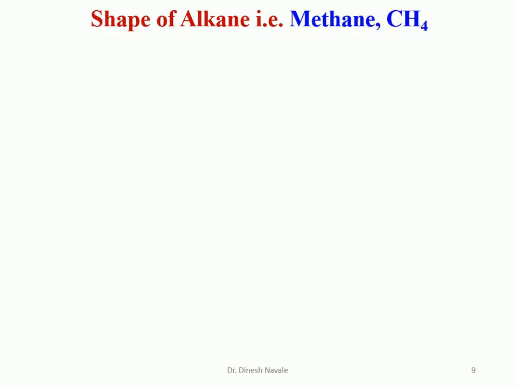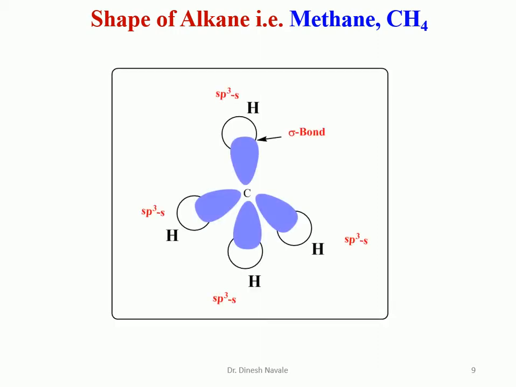Now we will see examples of the shape of alkanes. One of the best examples of carbon in sp3 hybridization is methane, CH4. In this CH4 molecule, we can easily observe that all four CH bonds point towards the corners of a regular tetrahedron. All four CH bonds are formed by the sp3 hybridized orbitals of carbon and the s orbital of hydrogen.